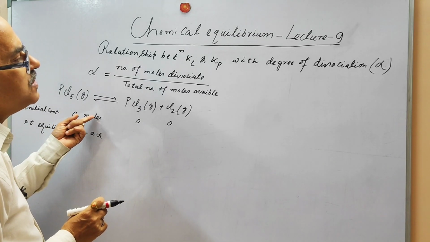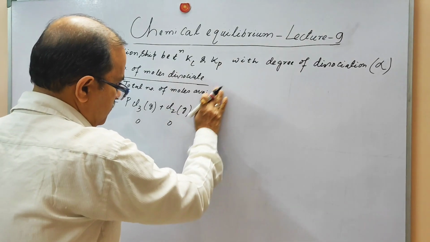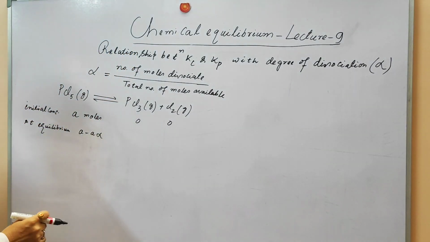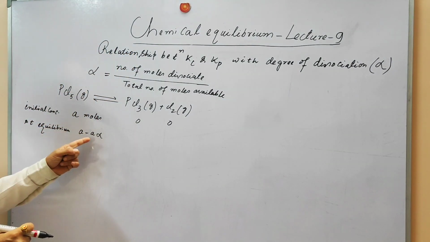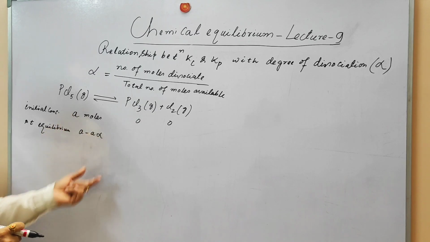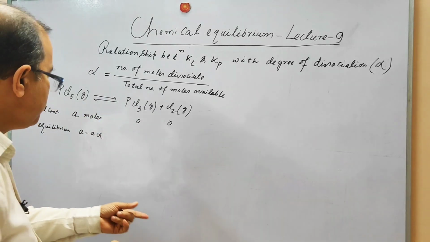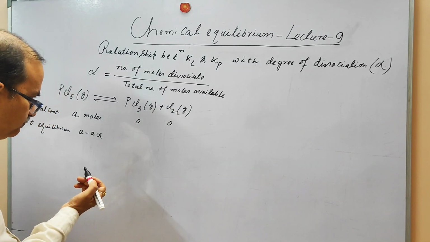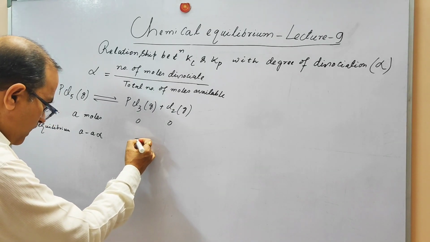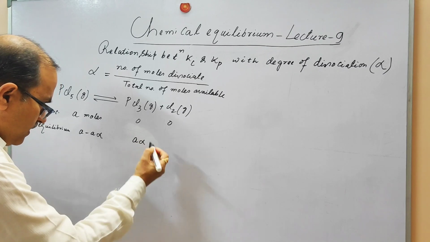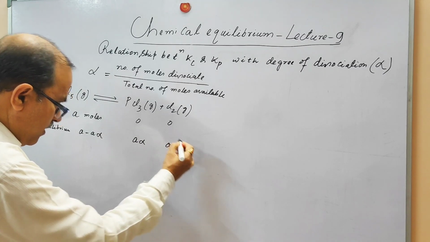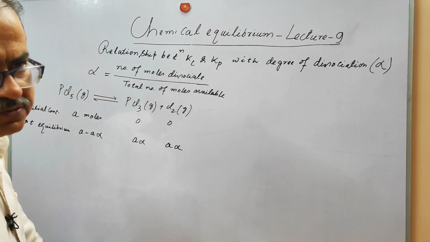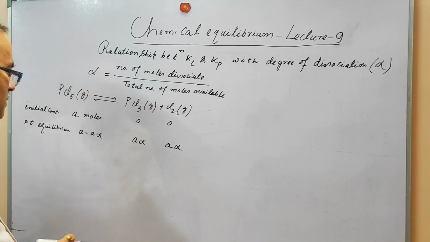Total number of moles available is A, so A into alpha will be dissociated and it will produce PCl3 and Cl2, and so we can write at the equilibrium time A alpha and A alpha moles will be produced by the PCl5 on dissociation.